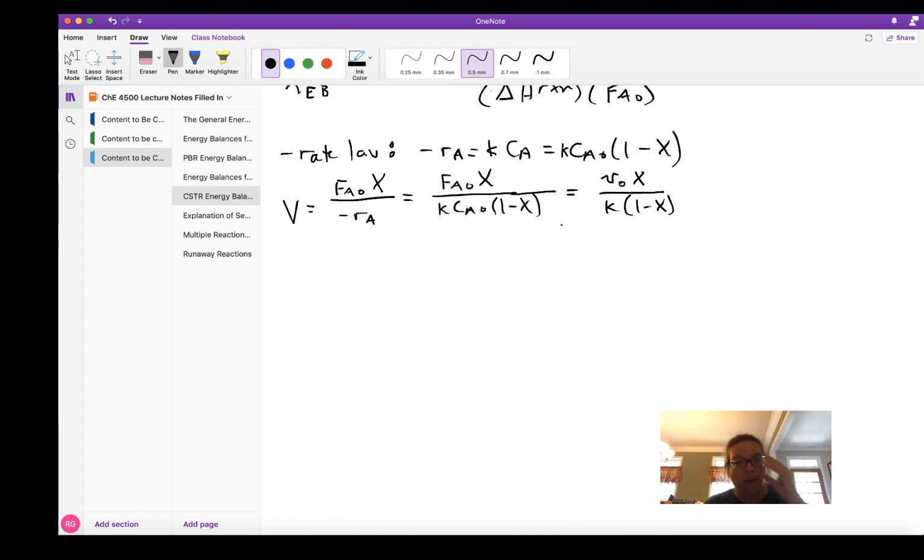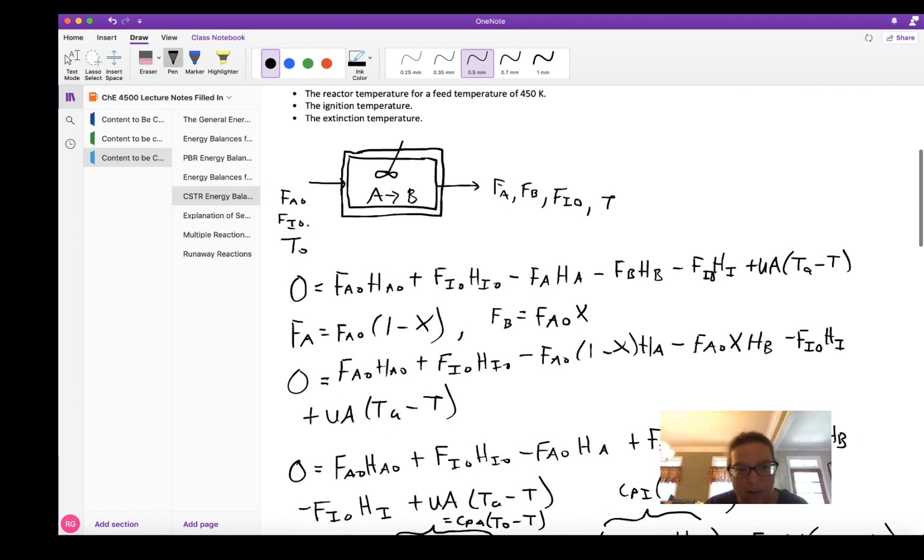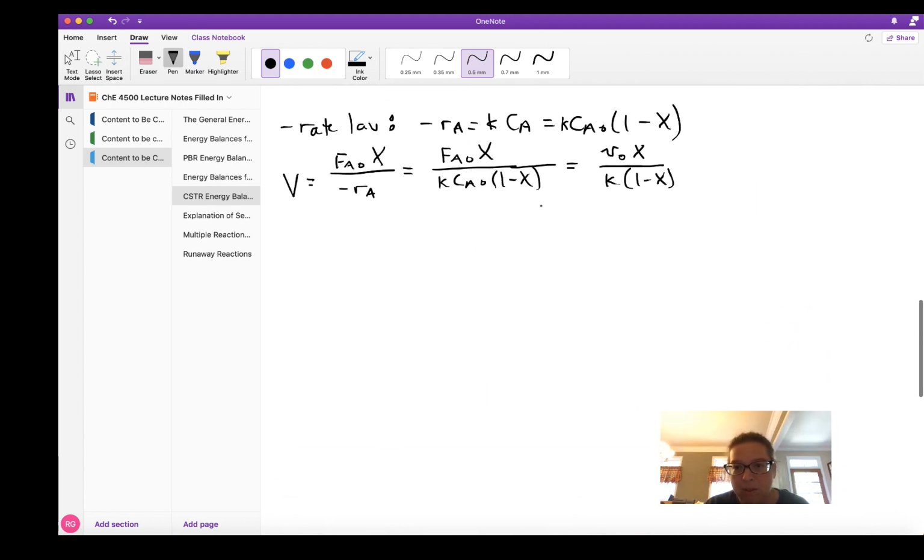And then what I want to do is, I'm given this value here for the residence time tau. So if I divide both sides by the volumetric flow rate, I can solve in terms of tau. So I get tau is equal to X over k(1 minus X).